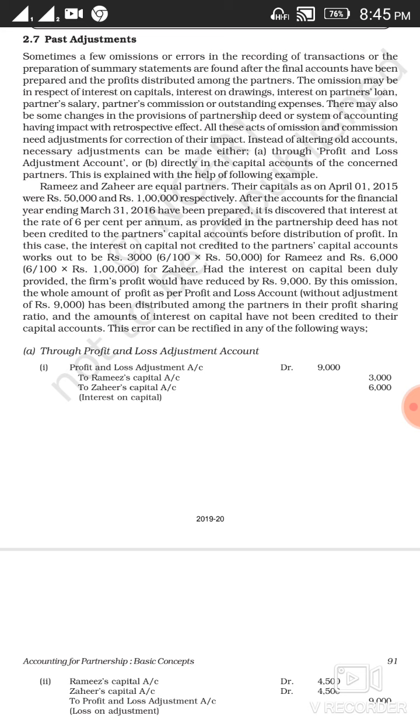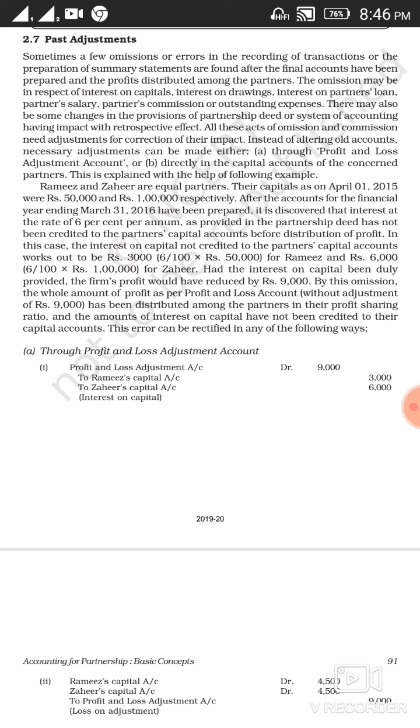If the expense is not taken into account, it is going to raise the distributable profit among the partners. So if 9,000 would not have been debited to the profit and loss appropriation account, this would have increased the distributable profit among Ramesh and Zahir by 9,000, and it would have been distributed among them equally because they are equal partners.